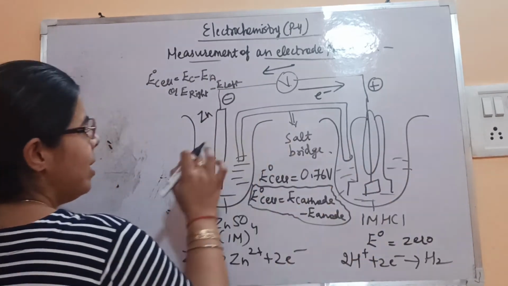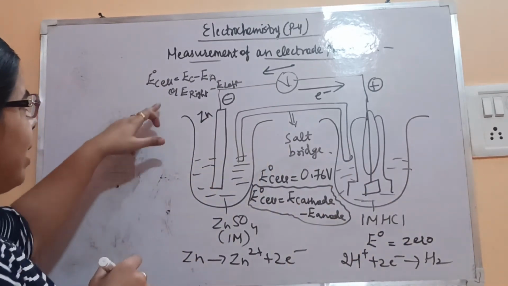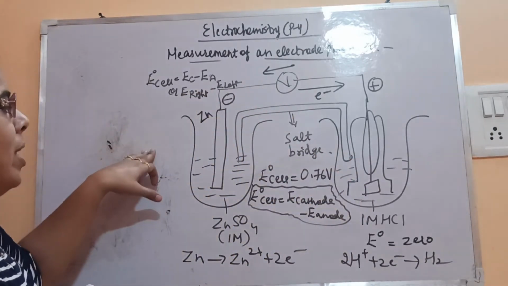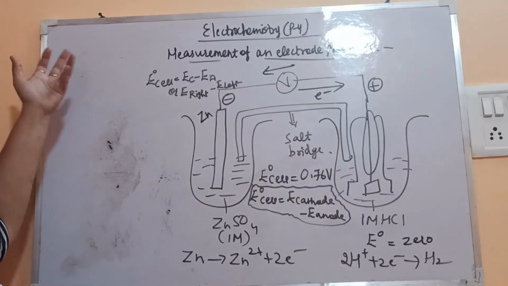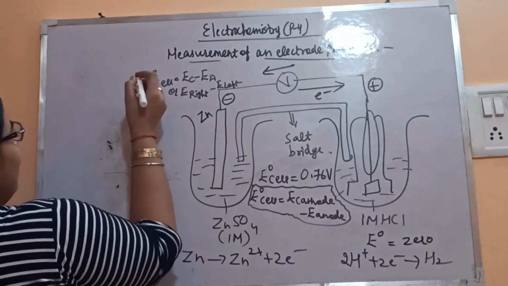Right minus left. Are you getting it? Because on the right side the cathode is there, and on the left side the anode is there. So you can say either. Fine, then let's calculate the value.